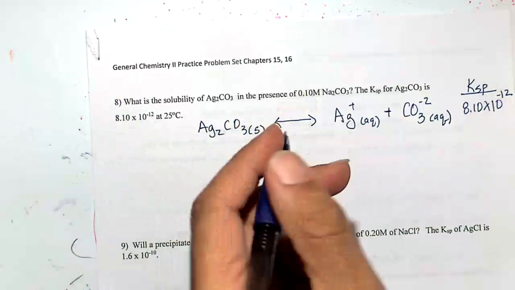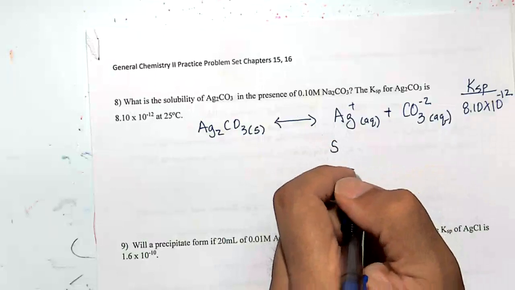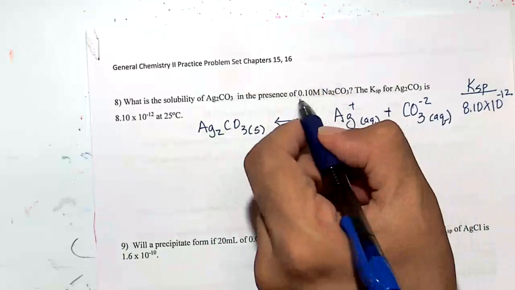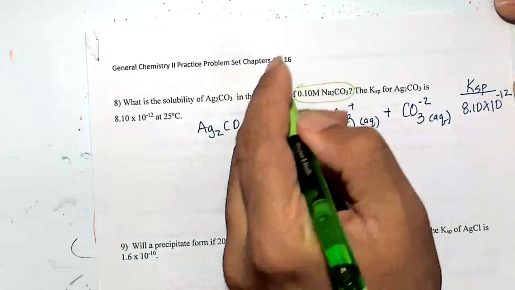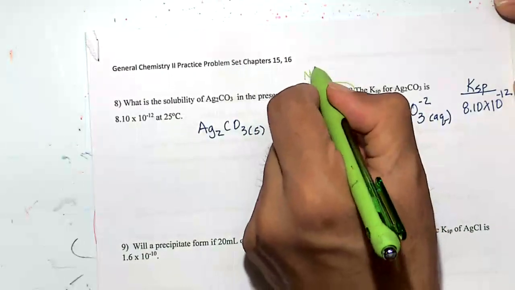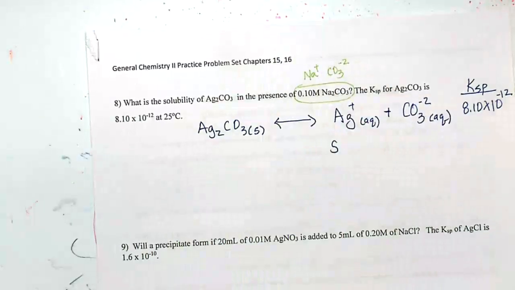So some of it will go back, and that's going to be S. But we have here a common ion. What's our common ion? CO3 2- is our common ion.